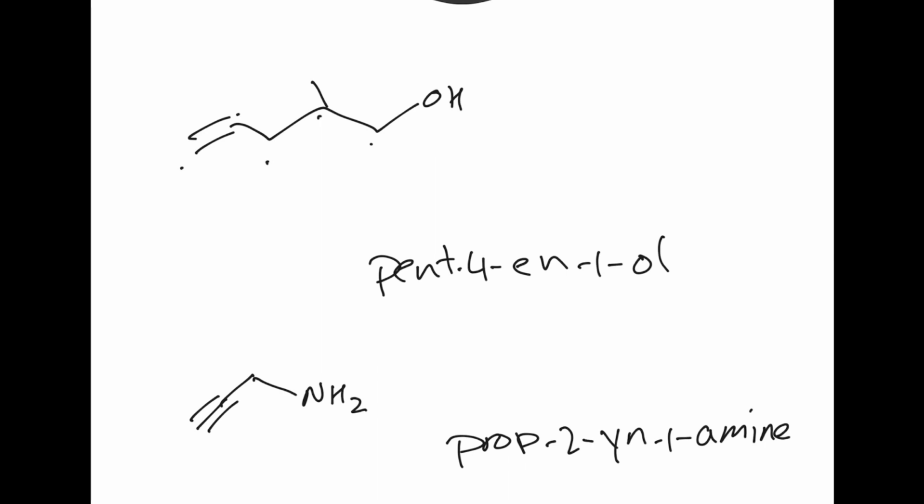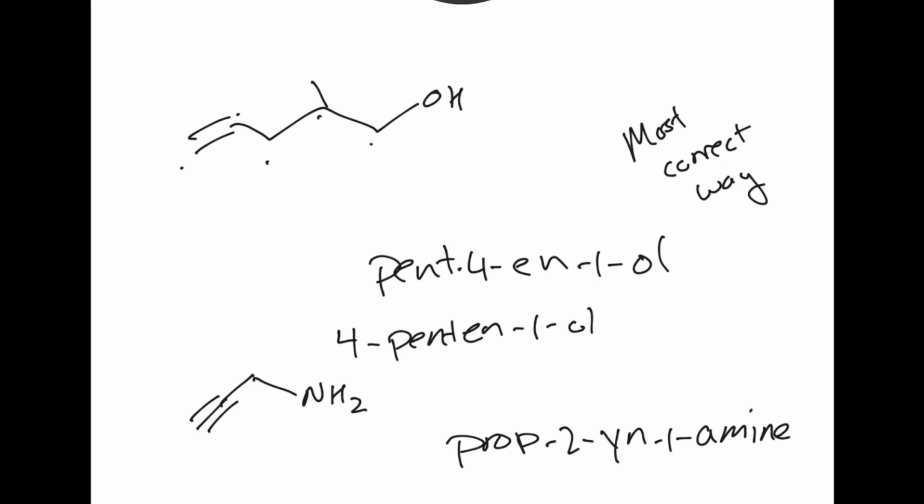Those are the numbers. I'll tell you why they're the numbers in a second, but they're the numbers. I promise. Okay, there's a hierarchy of functional groups. This is the most correct way to do the numbering. But what you'll see sometimes is, for this, you'll see 4-penten-1-ol, where the 4 is referring to the first functional group suffix after the parent hydrocarbon name.